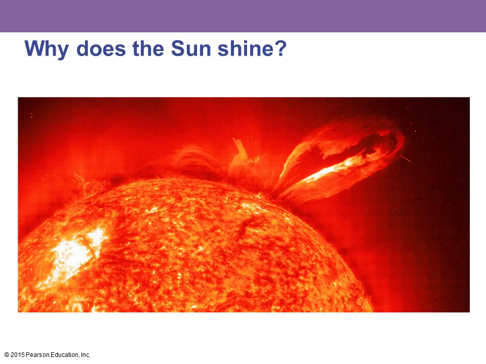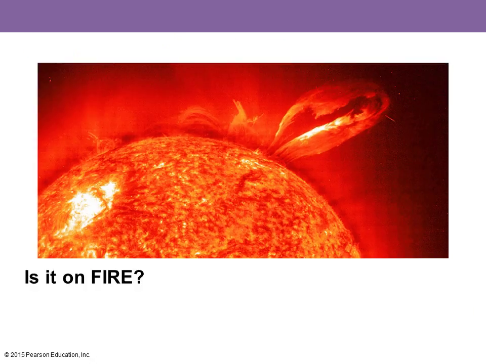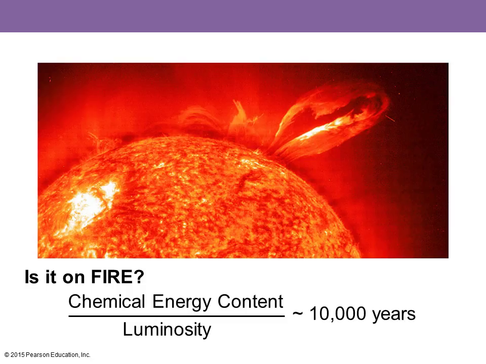We're going to look at why the Sun shines. The first question people would ask was, is the Sun on fire? And of course it's not, or it wouldn't last as long as it has, with chemical energy being the fuel. Its estimated lifespan would only be about 10,000 years.